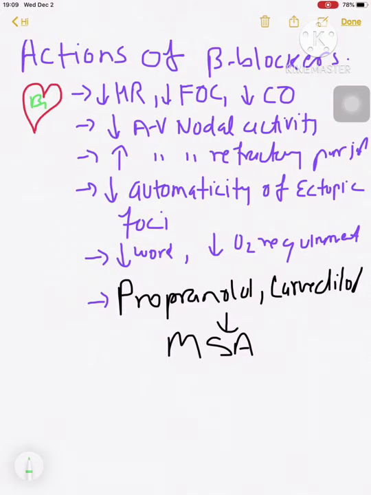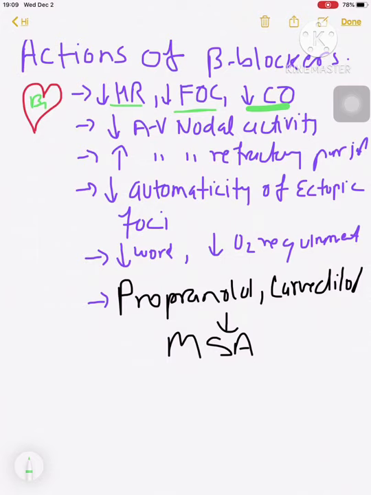They also act on the myocardium and decrease the force of contraction, that is negative inotropic effect, and they decrease the cardiac output. They act on the AV node, decreasing AV nodal activity and increasing the AV nodal refractory period. Thus they have a negative dromotropic effect, decreasing the conduction velocity.